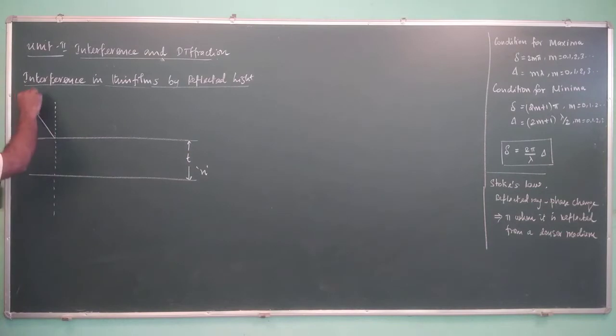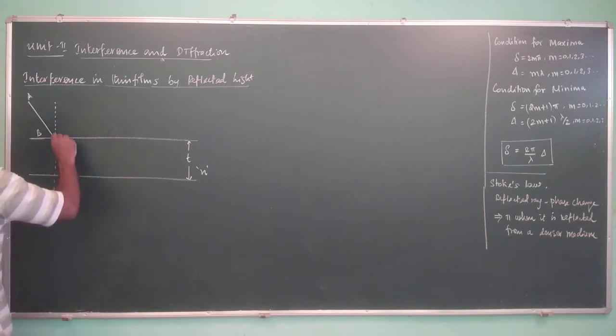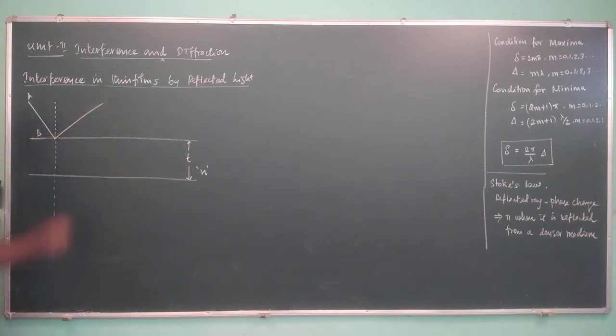It comes from the point A and touches the thin film at the point B, and at point B some of the ray is reflected back and some of the ray is refracted. Now the angle between the normal and the line of incident light is the incident angle. Here this R is the refracted angle, the angle of refraction.